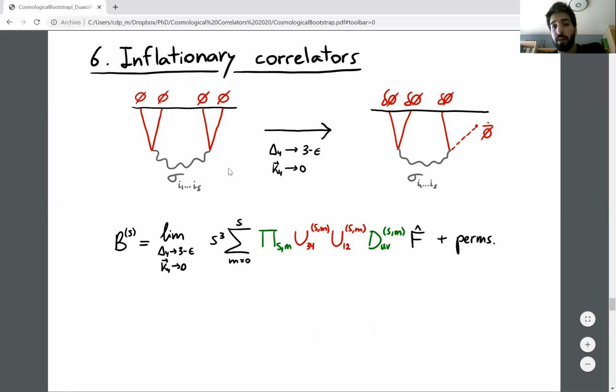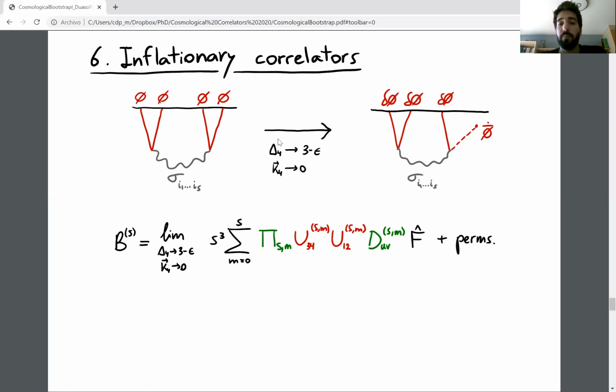The only step left to do in order to get an inflationary correlator is to take one of the legs to be soft. But of course, these are massless fields, so if we just take the soft limit, we will get an Adler zero. In order to avoid this Adler zero, we have to slightly deform the mass of this external field.